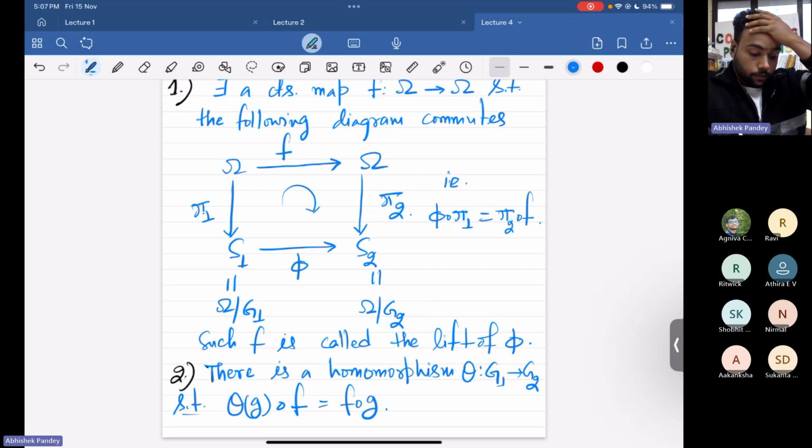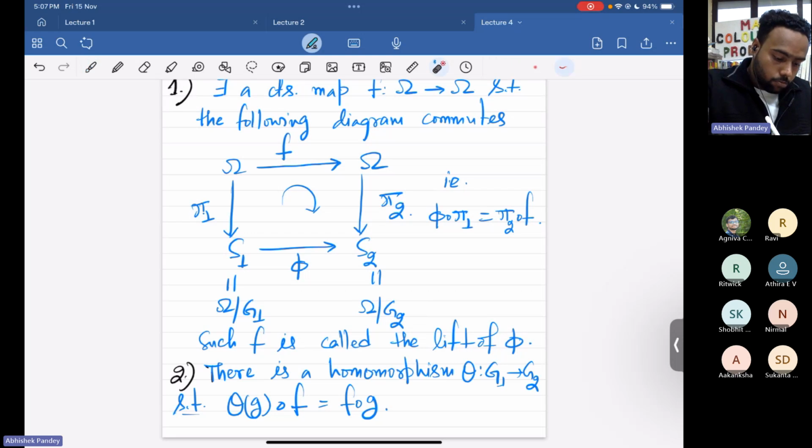Okay, so what does it mean? There is a remark: if this phi is a homeomorphism, then this F is also, and once this F is a homeomorphism, this theta is nothing but F g F inverse, isn't it?